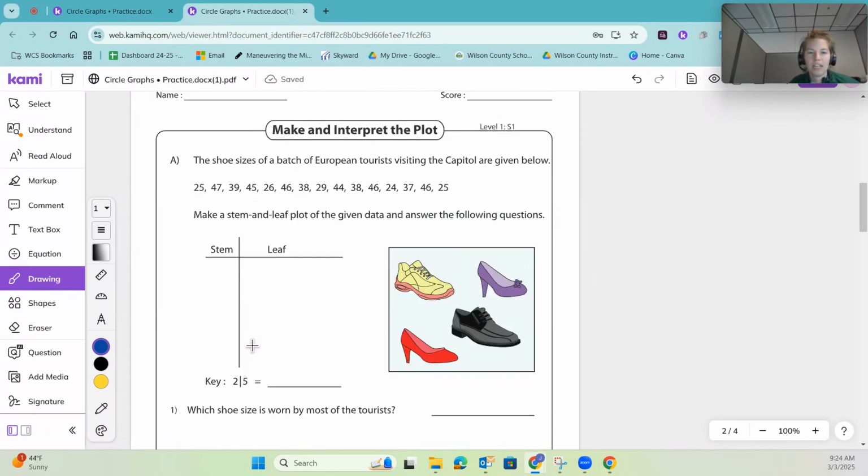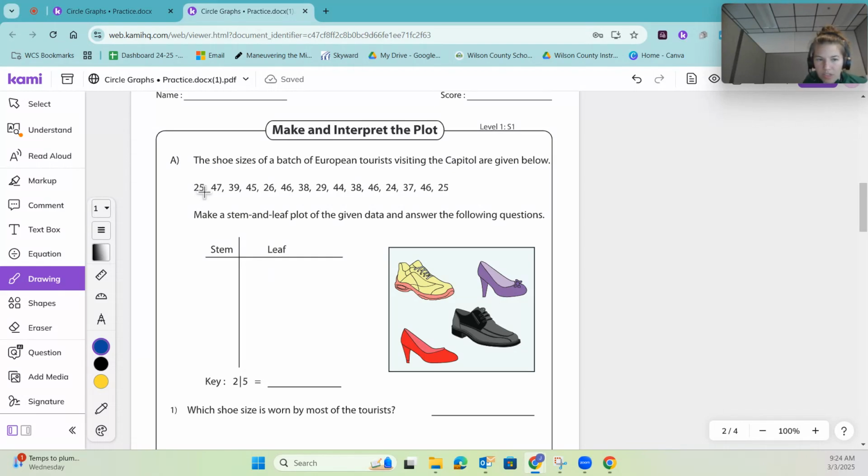All right, now we're going to take a look at stem and leaf plots, okay? Stem and leaf plots, it's important to understand our place value here. The stem is going to be the ones place or the tens and the ones place. Your leaf is only the ones place.